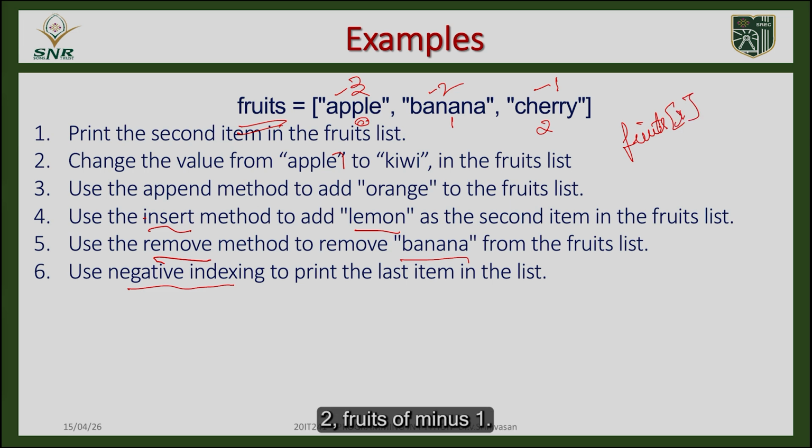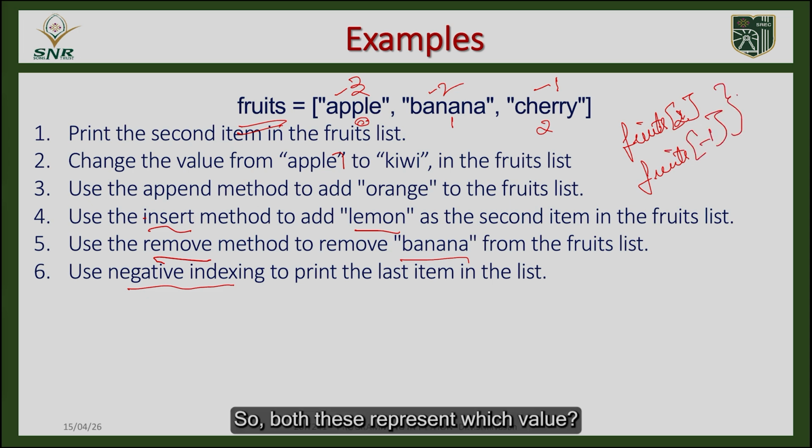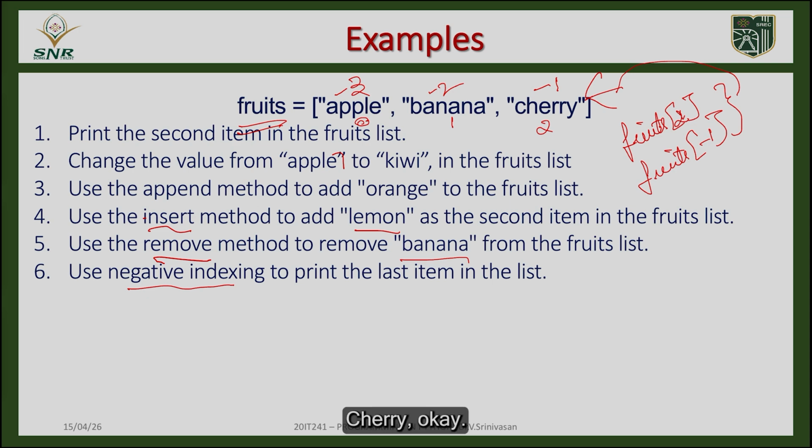Both of these represent which value? Cherry. So this is negative indexing. It starts from right to left, and it always starts from -1. Forward indexing starts from 0.